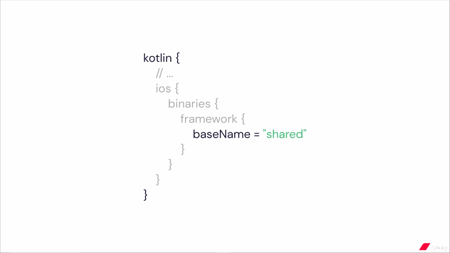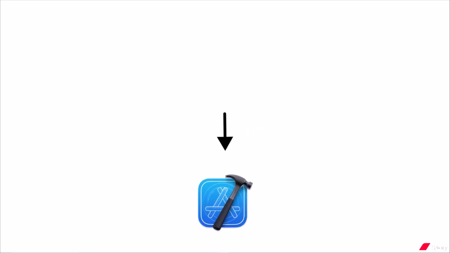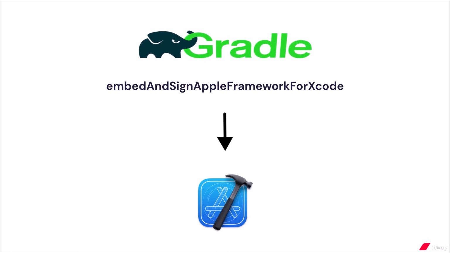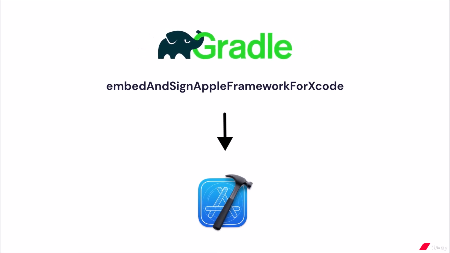It defines the output type, framework, and the string identifier baseName that is used to form the name of the output artifact. Its default value matches the Gradle module name. Additionally, there is a Gradle task with the name of embedAndSignAppleFrameworkForXcode that exposes the framework to the Xcode project the iOS application is built from.